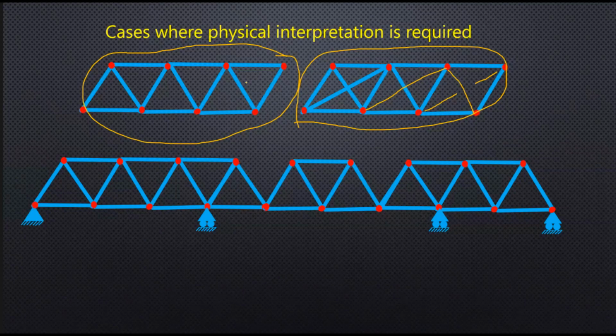Now imagine the first one, right? Imagine this member fails. If this member fails, then this will go into a mechanism. Correct. So it becomes geometrically changeable. So in a determinate truss system, as in many bridges, failure of one member is failure of the entire system.